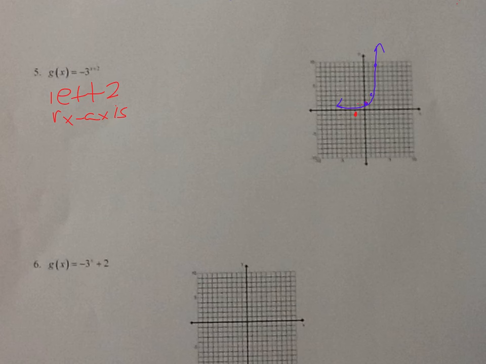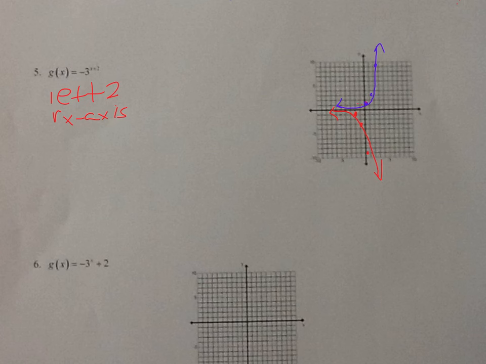Now I'm going from (1, 3), so it's to the left 2, and then its flip over is going to put me at (negative 1, negative 3). And then from (2, 9), I go to the left 2, and then go down 9, flip over the x-axis, go down 9, it'll be down there. So it'll look like that.